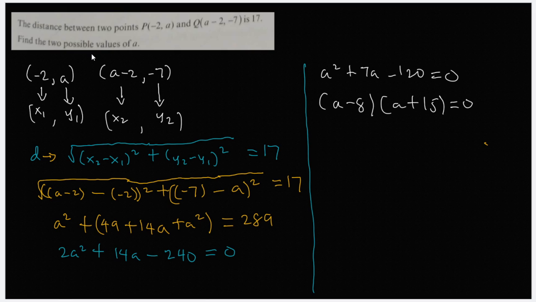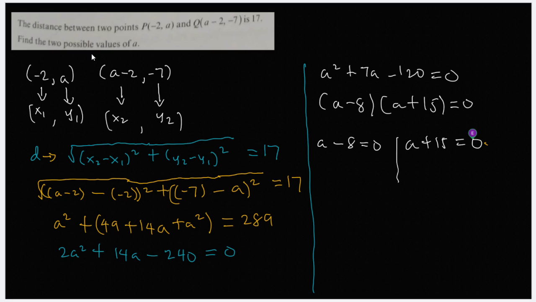Now, apply the zero product theorem, or the ZPT. We equate the factors to 0. So a minus 8 is equal to 0. On the other hand, a plus 15 is equal to 0.